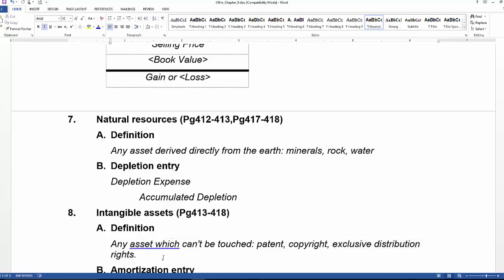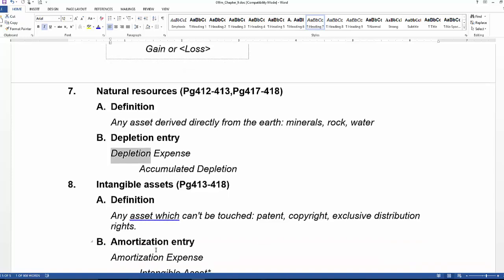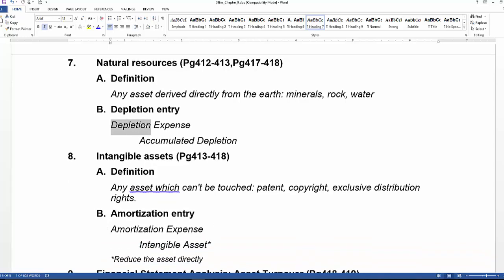You'll make an amortization entry. Amortization is just like depreciation, except you call it amortization expense instead of depreciation or depletion. And second thing, you do not credit accumulated amortization. You credit the intangible asset itself directly.